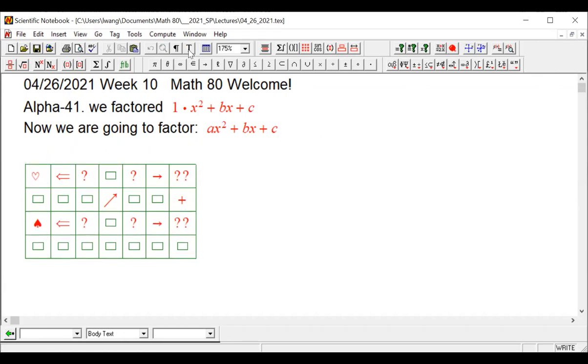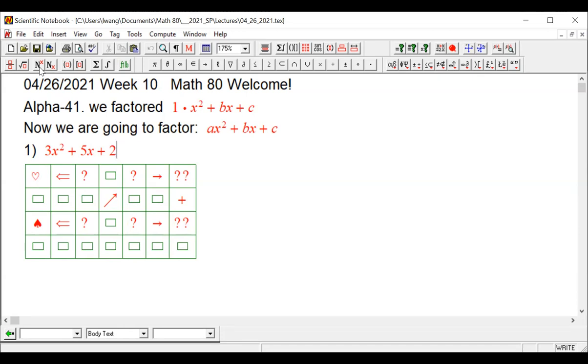And take a look at this example, the first one, okay? We're going to have 3 times x squared plus 5x plus 2. Okay, and we want to factor this.